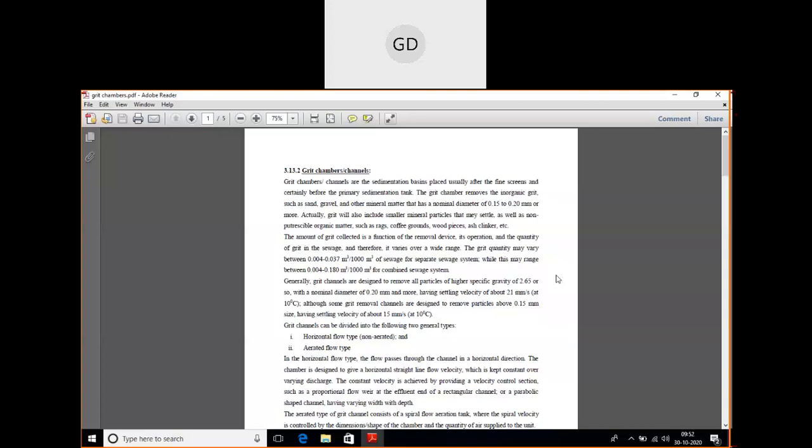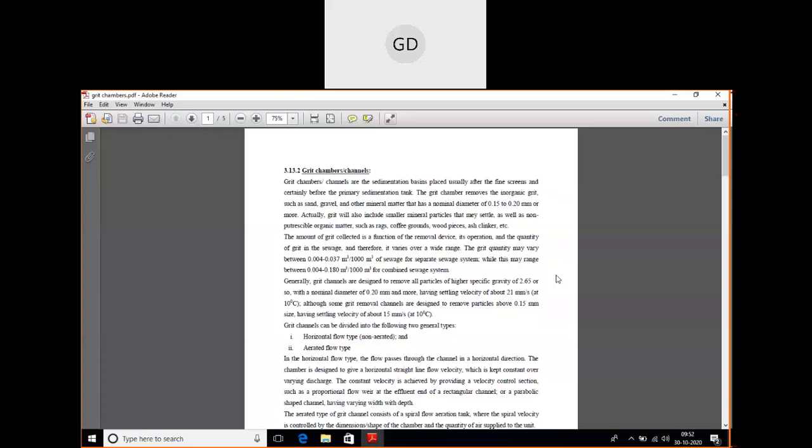The amount of grit that is collected is a function of the removal device, its operation, and the quantity of grit in the sewage.